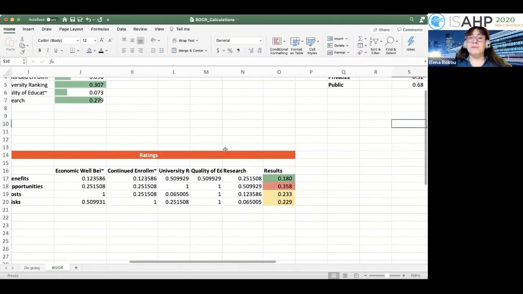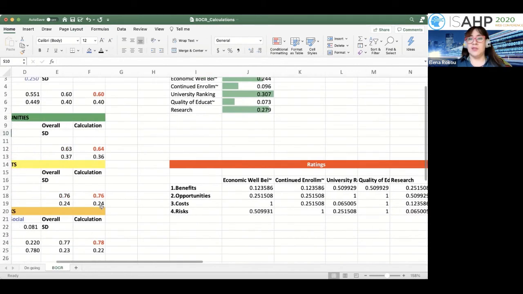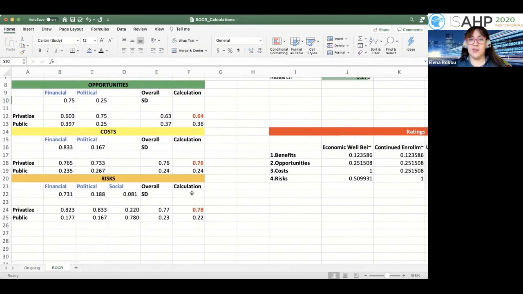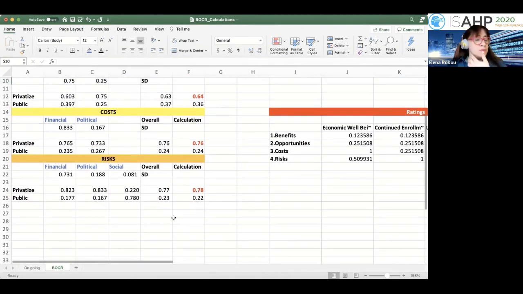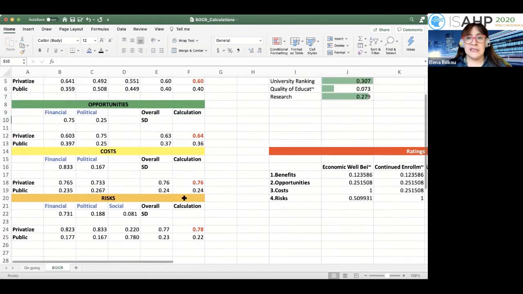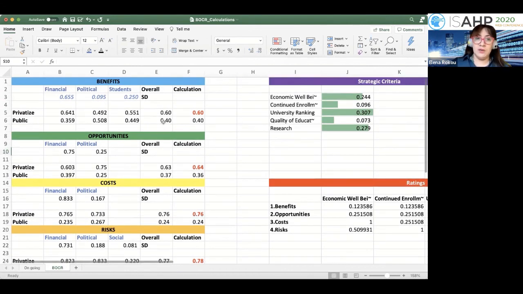Well, a lot depends on actually the ratings. And the other thing is how the costs and risks that, although they relate to privatizing, are negative for our overall result, affect and get balanced out by the benefits and opportunities. And over here, the huge costs and risks that are related to the privatization of the university, and this is the perspective of the decision maker, of the group of people that were deciding, overrule what they had as benefits and opportunities.